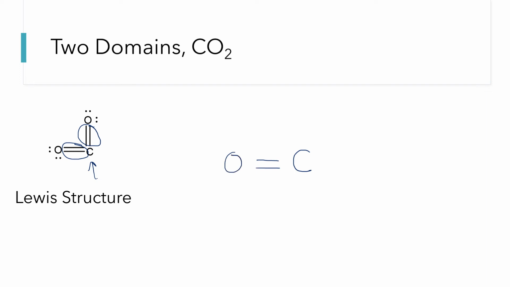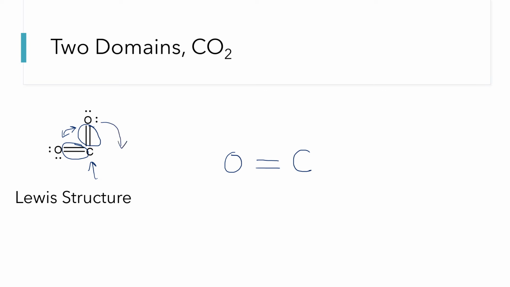Now that second domain is going to repel that first domain as far as it can. So if you look over here at our VSEPR structure, there's a lot of repulsion going on between these 2, which is going to cause these 2 domains to spread out as much as they can. One way to think about this is that this top domain is going to get pushed over.